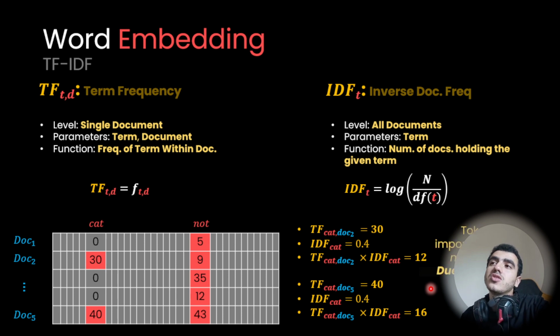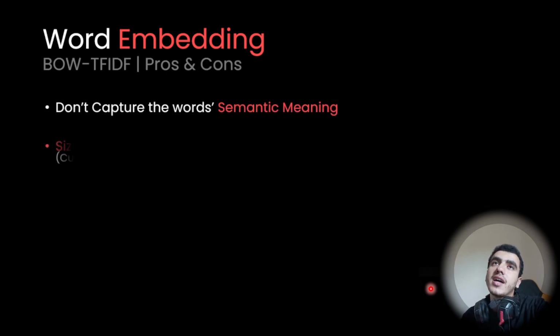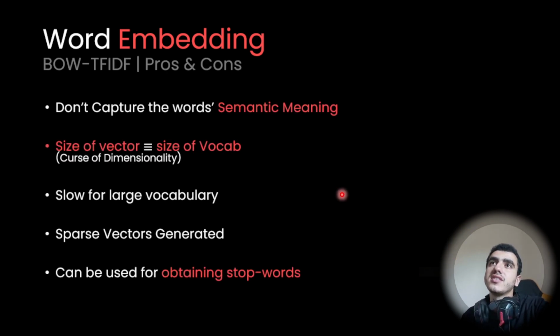Okay? So more or less the advantage and disadvantage of this is that it is very independent regarding the semantic meaning, because I can have the same token in different contexts, but this bag-of-words or TF-IDF will give it the same embedding regardless of the context it exists within.